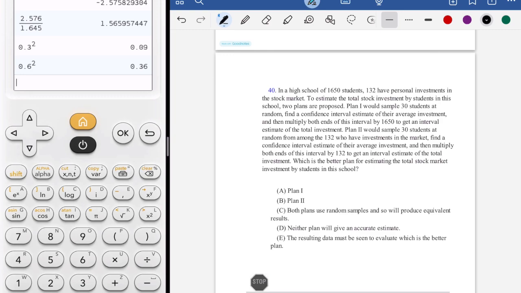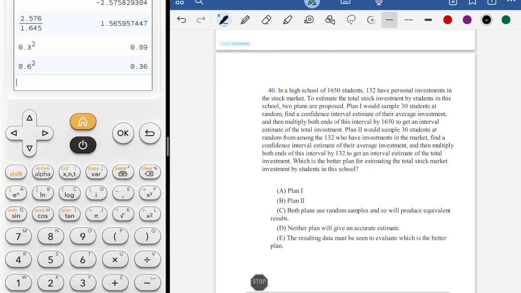Plan 2 would sample 30 students at random from among the 132 who have investments in the stock market, find a confidence interval estimate of their average investment, then multiply both ends by 132 to get an interval estimate of the total investment. I would assume, again, just applying to the 132. What's a better plan for estimating total stock market investment by students at this school? So keep it simple, plan 1 or plan 2, really.